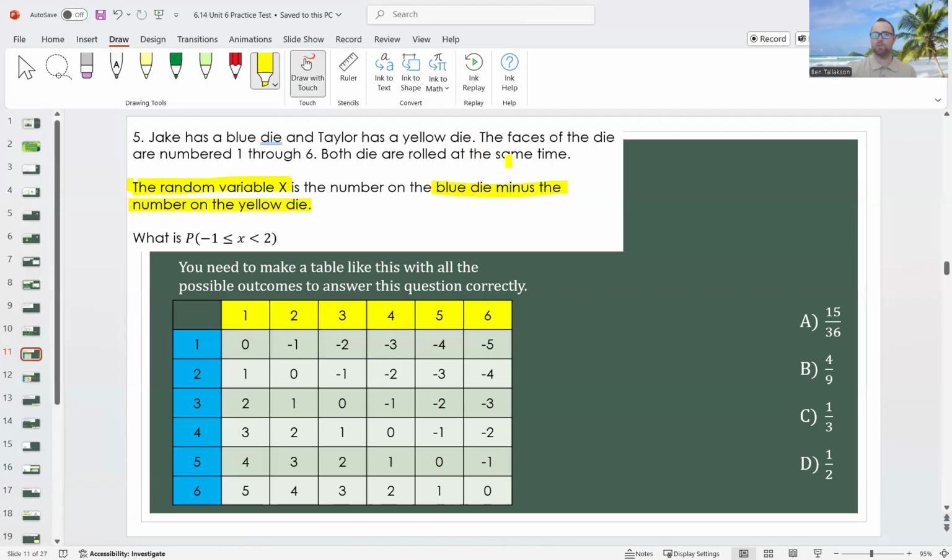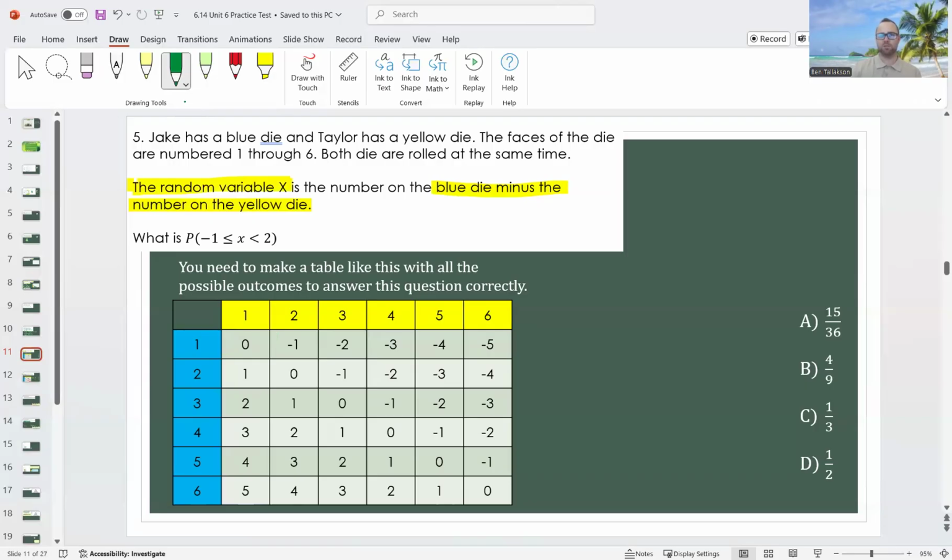Taking the number on the blue die minus the number on the yellow. So we're taking blue minus yellow. 1 minus 1, 0. 1 minus 2, -1. 1 minus 3, -2, and so on. This happens over and over and over for every value in the table.